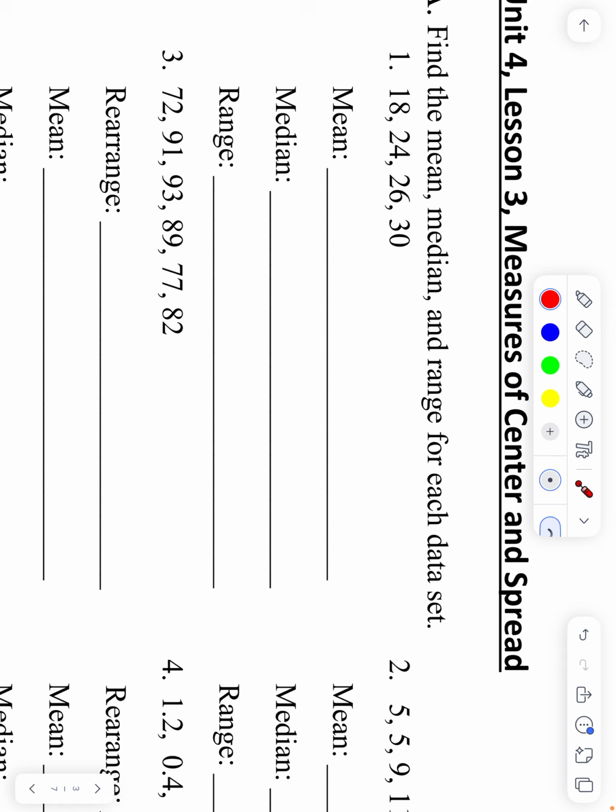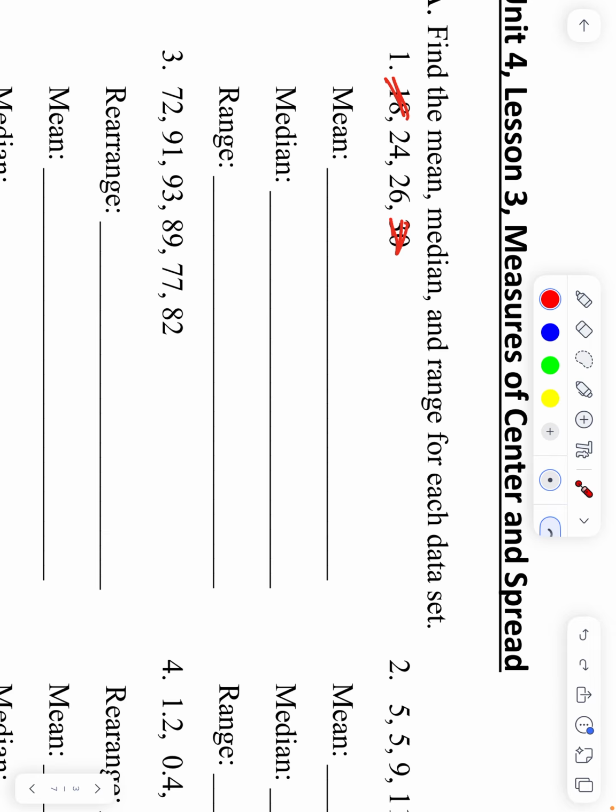We cross out the smallest and the biggest, and then we keep going. Oh, but there's no number left in the middle, because we have 4 numbers. What should I do?